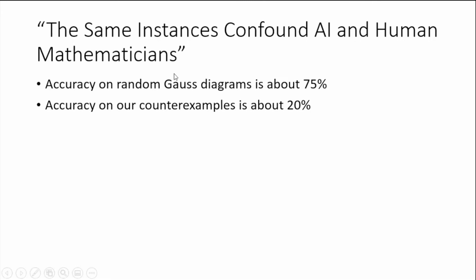After we have trained artificial intelligence on Gauss diagrams, it can classify Gauss diagrams with accuracy 75%. And if we feed our counterexamples, those that don't match the descriptions of Gauss diagrams in the papers where we found a mistake, then this accuracy drops to 20%, not just to 50%, but much lower than that.